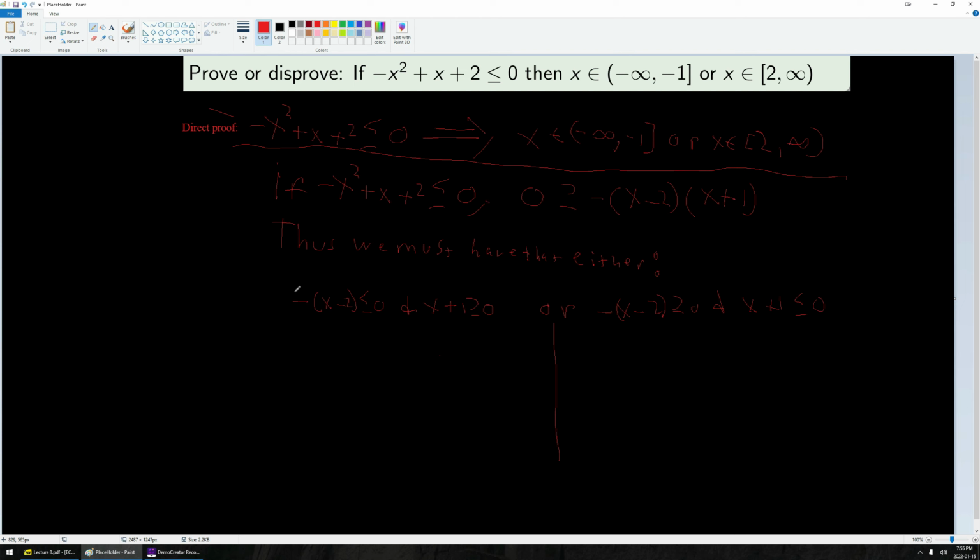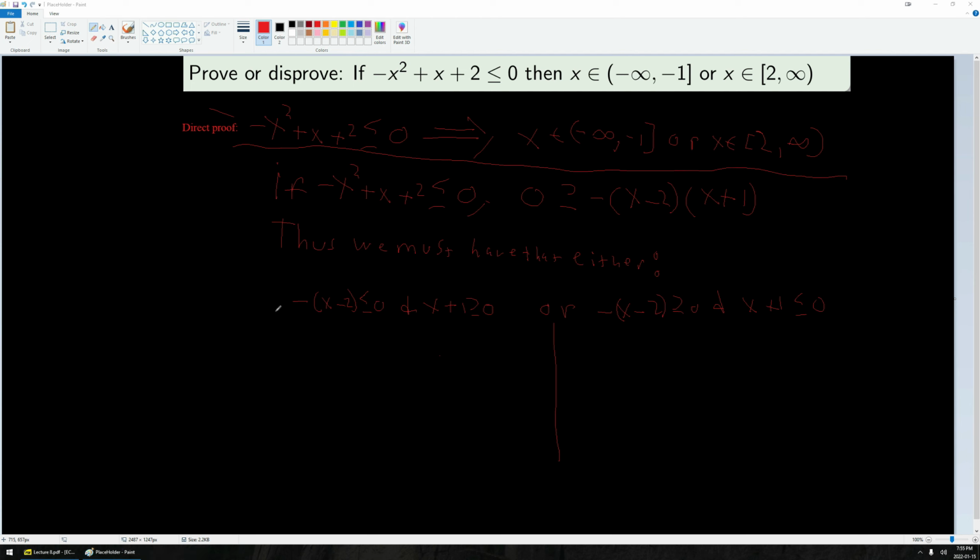For instance, if in this case x has to be less than or equal to, say, 0, then I could say 0 would work as a counterexample. It doesn't, because if I plug in 0, I don't get a counterexample, right? Because the premise isn't true.